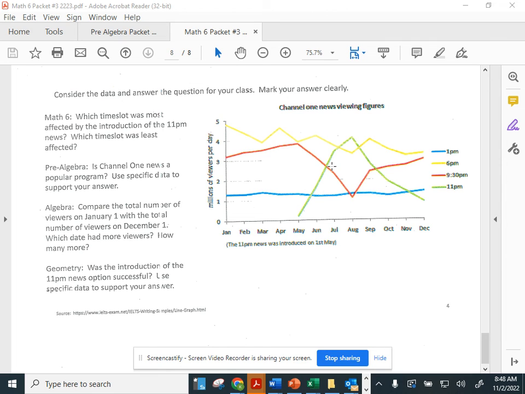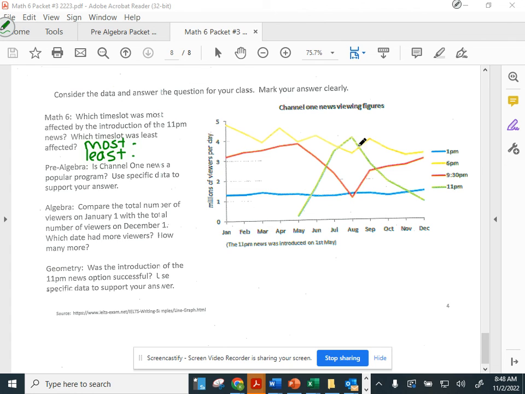And when people started watching that 11 o'clock news, what did they stop watching? So which one is affected the most? Which one dips down when the green climbs up? And which one isn't affected at all? So I should see 2 numbers here, one for the most affected and one for the least affected.